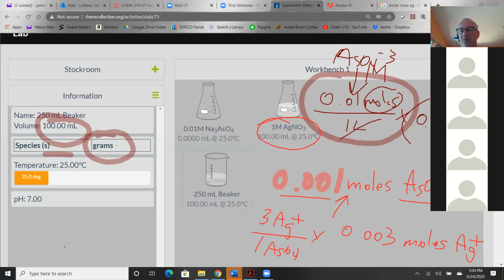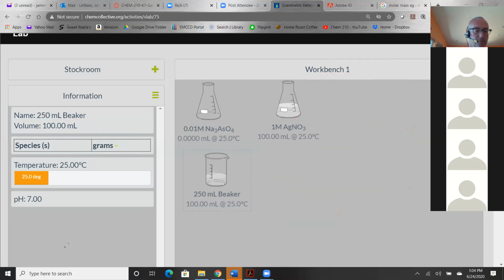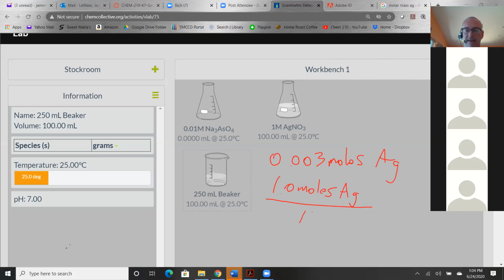So now we need to go backwards and figure out what volume we're going to need. Let me just clear all this. So we have 0.003 moles of silver, and the concentration of silver we have is 1.0 moles of silver per liter.